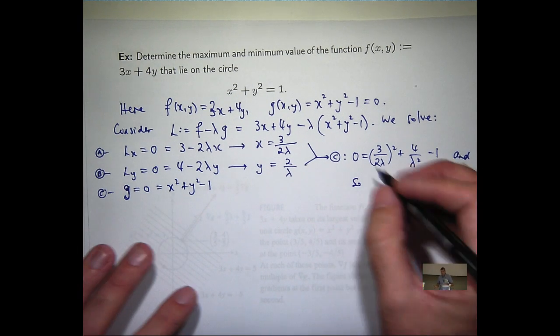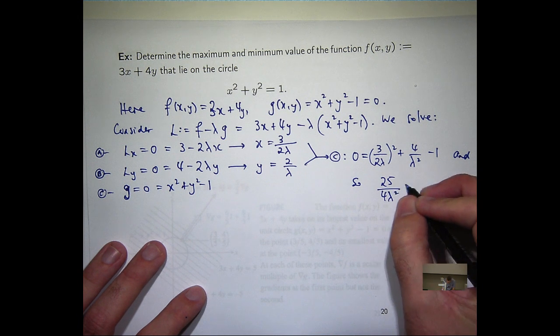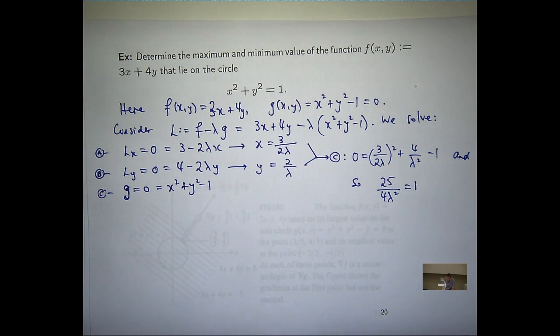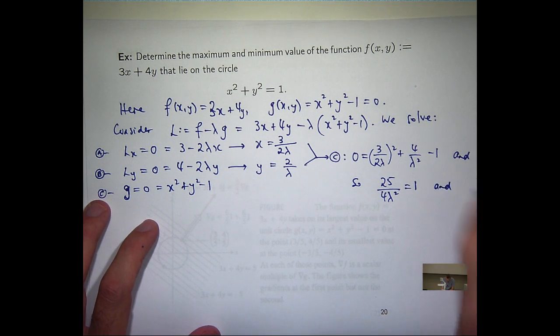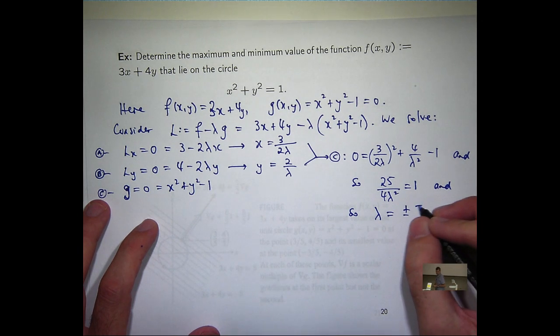I should get down to something like this, 25 on 4 lambda squared equals 1. So I can just rearrange that and get some values for my lambda.